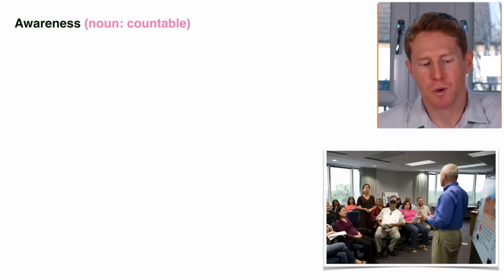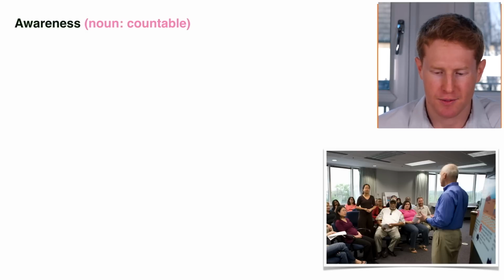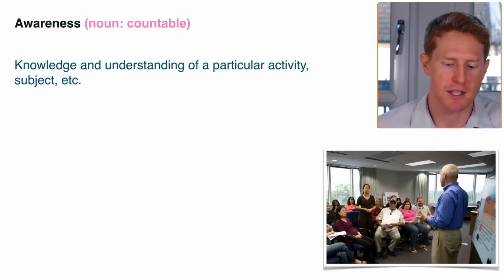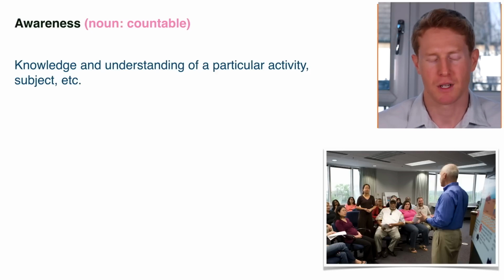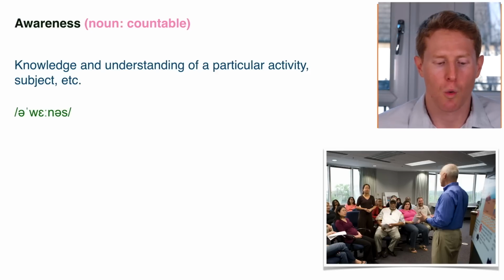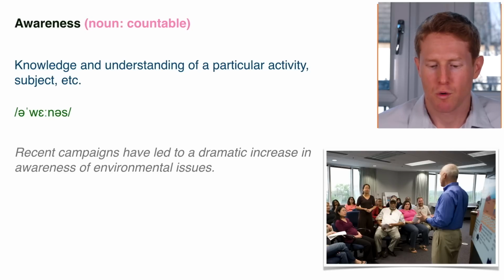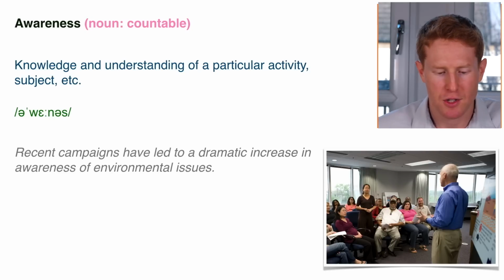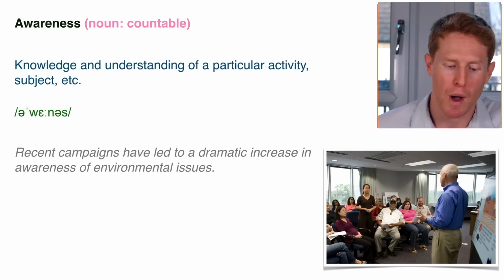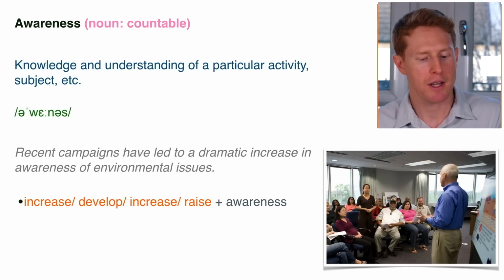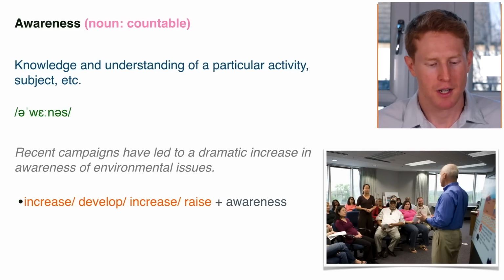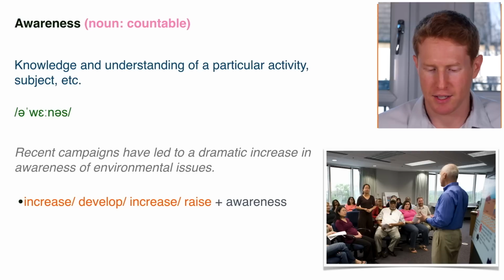All right, the next word we're going to look at is awareness. So knowledge and understanding of a particular activity or subject, for example. Pronunciation is awareness. Recent campaigns have led to dramatic increases in awareness of environmental issues. So we can increase awareness, we can develop awareness, and we can raise awareness.